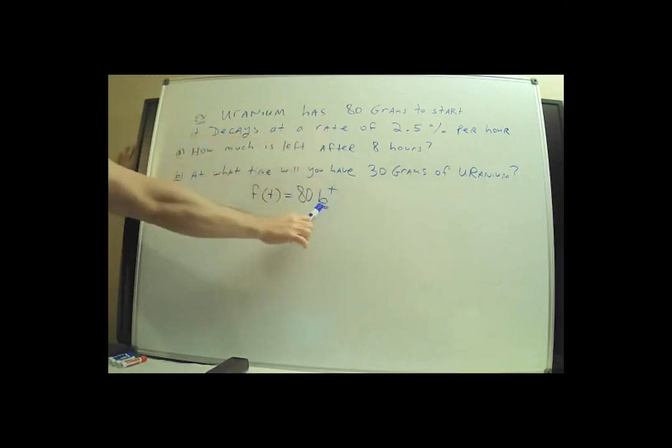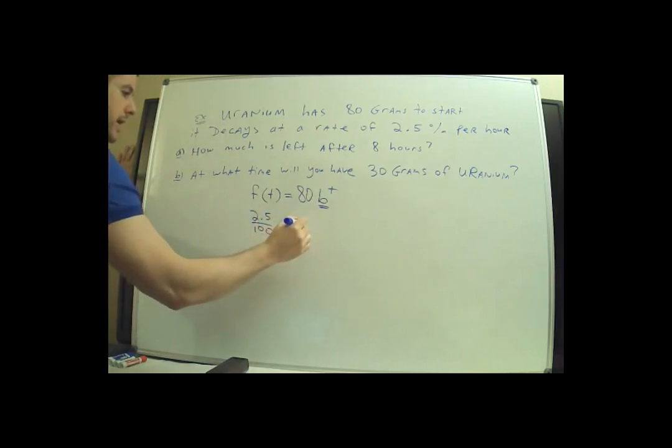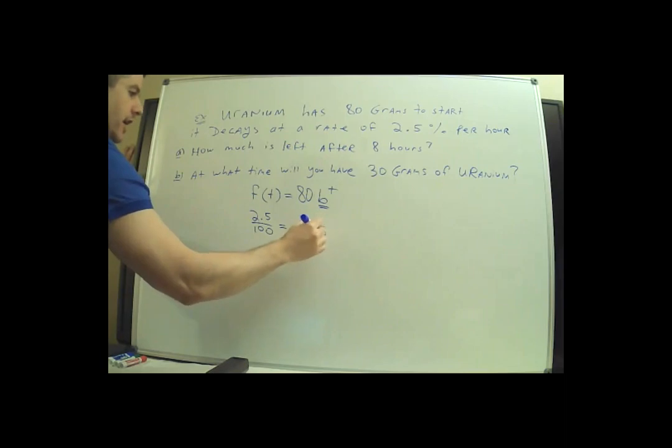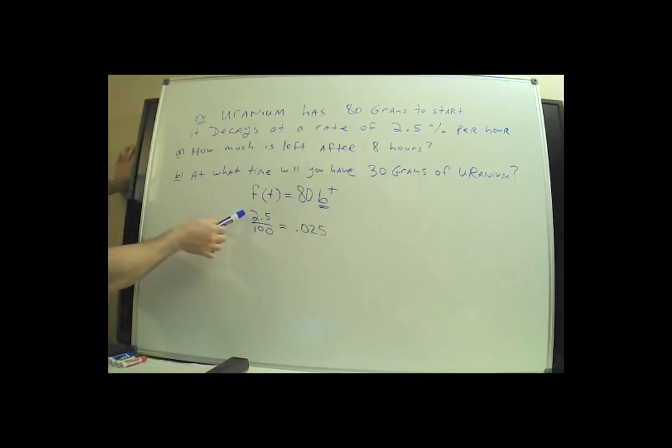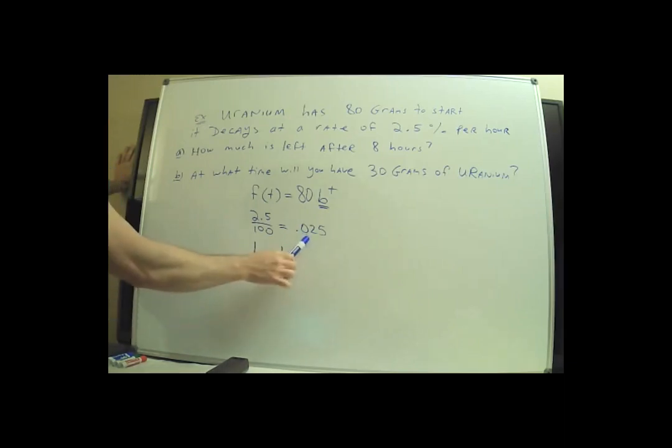So you can say, oh, it's 2.5. No, it's not 2.5. It is decaying at a rate of 2.5%, so the rate of decay would be 0.025. Again, you can take out the calculator, just take 2.5 and divide it by 100. Now, to figure out the B, the class notes say you either add or subtract whatever the rate of growth or decay is.